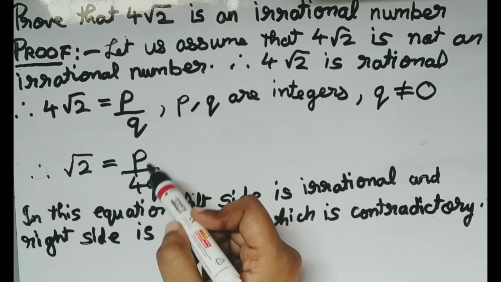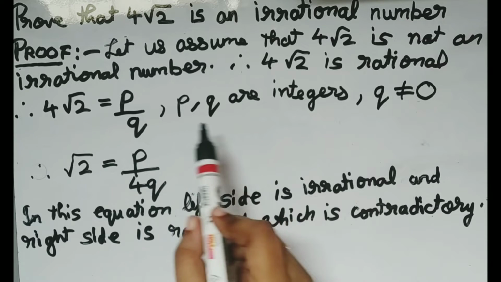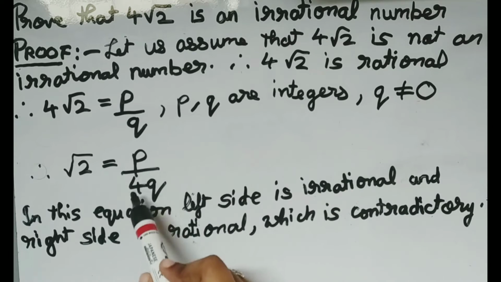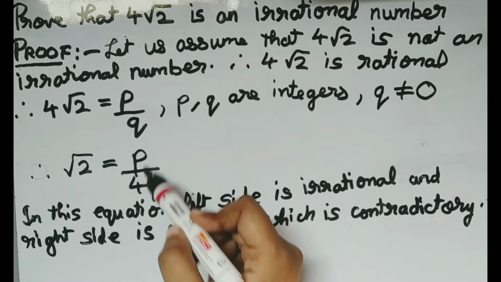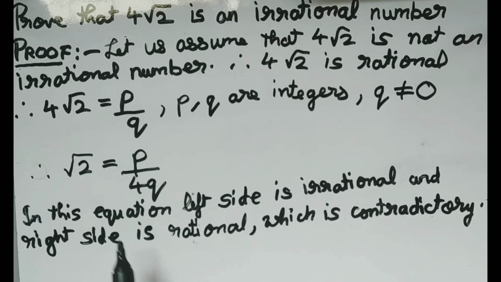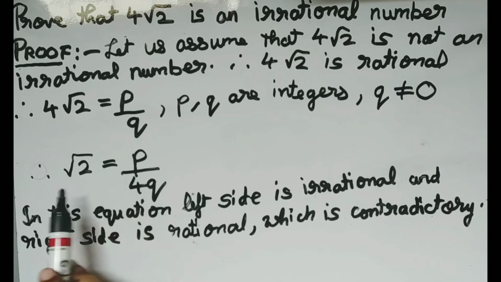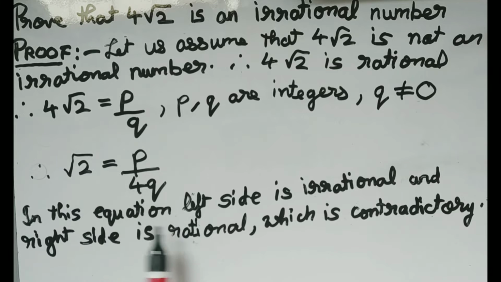It is rational because P and Q are integers and 4 is also an integer. So P upon 4Q will be in the form of P by Q, where P and Q are integers, right? So it is rational. So here one side is irrational and one side is rational. Can we have such numbers? No, right? So which is contradictory. We cannot have such a type of equation.